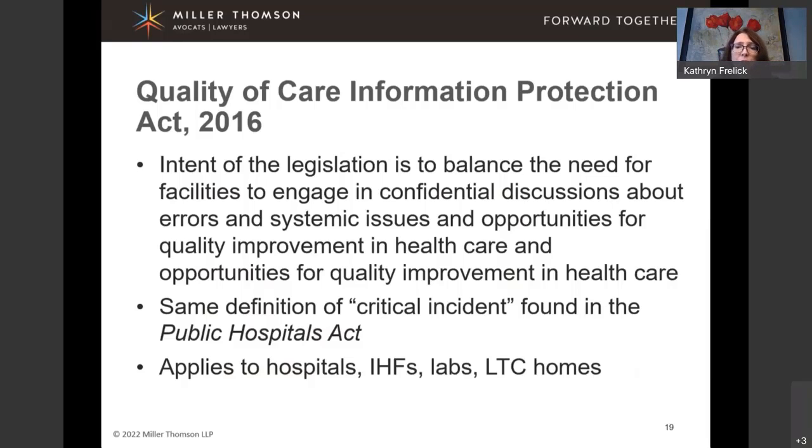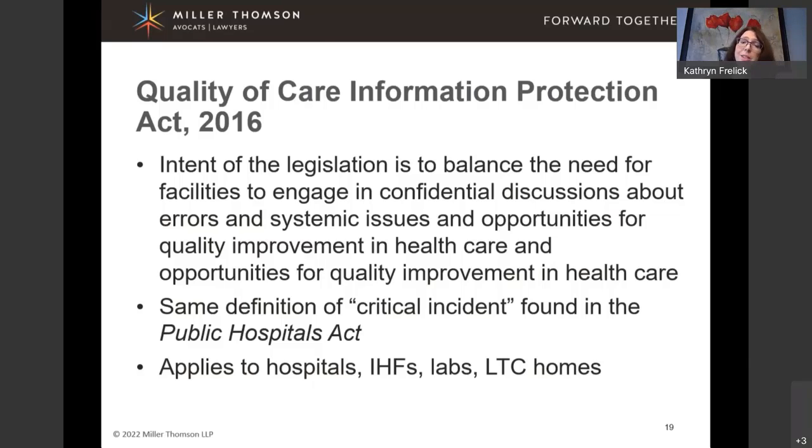The last tool that I wanted to talk about very briefly is the Quality of Care Information Protection Act, or QCIPA. Again, this only applies to certain health organizations, including hospitals, independent health facilities, labs, and long-term care homes.